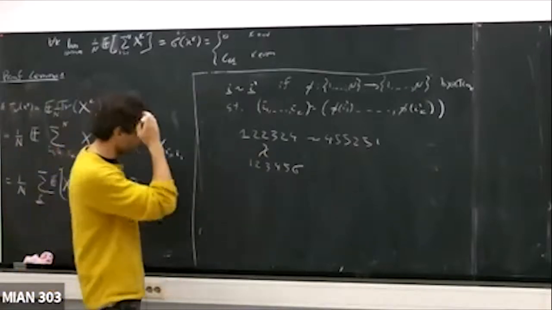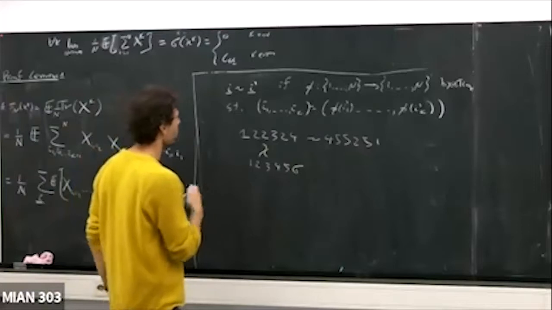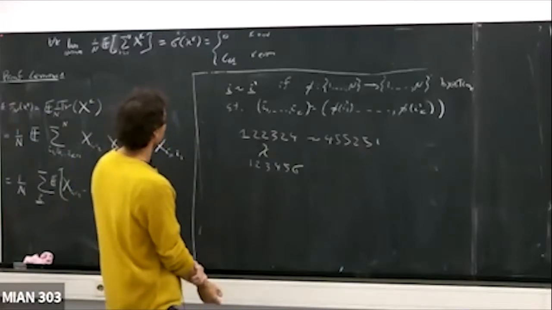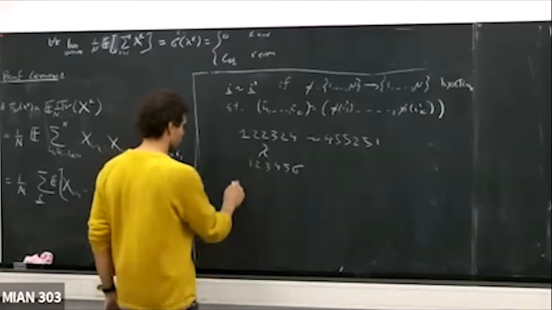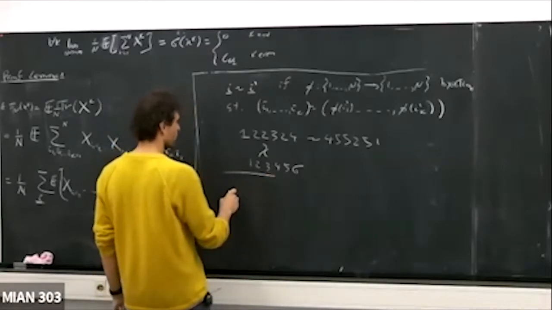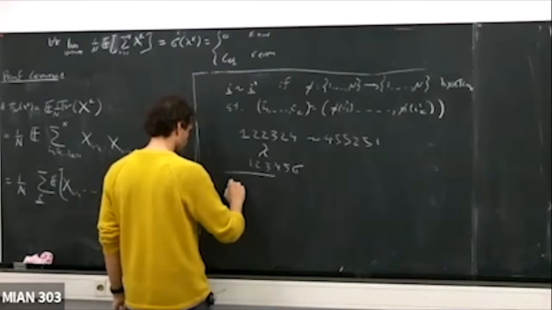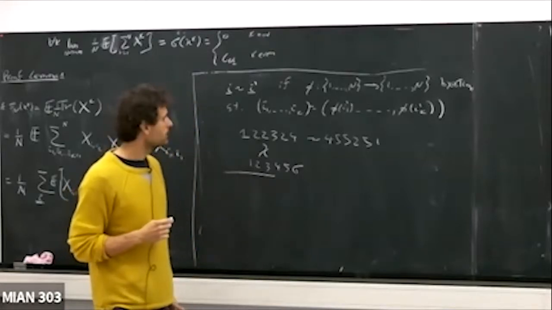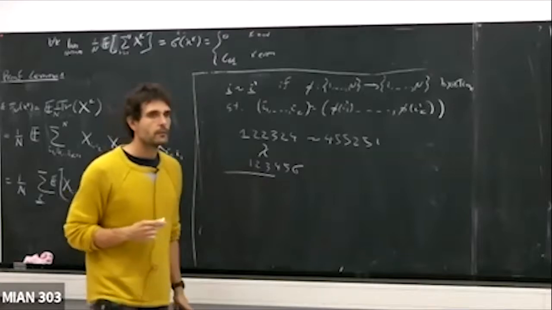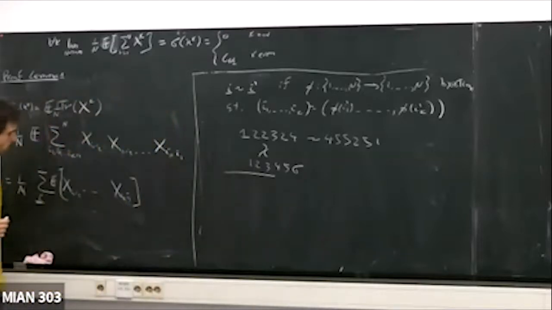So is it true that we have already proved that for odd k everything is 0, and that's all?